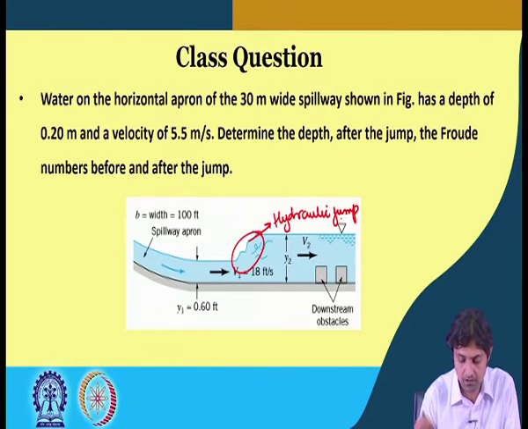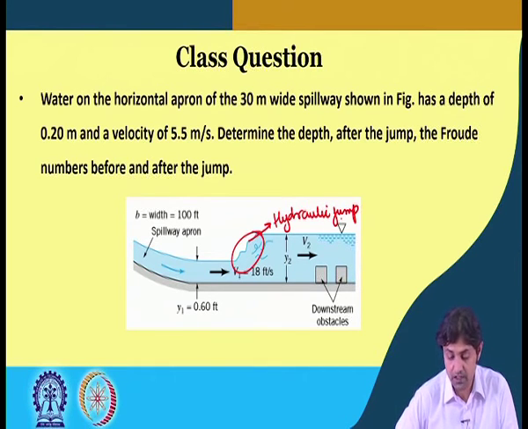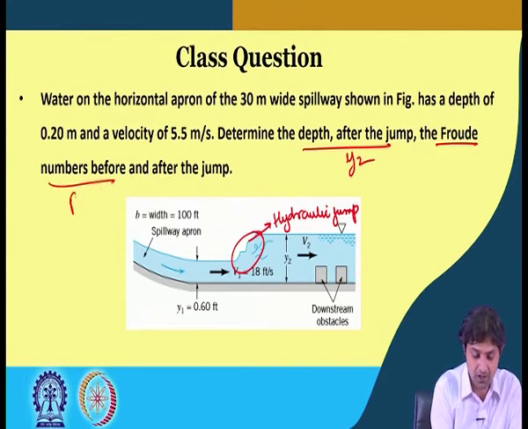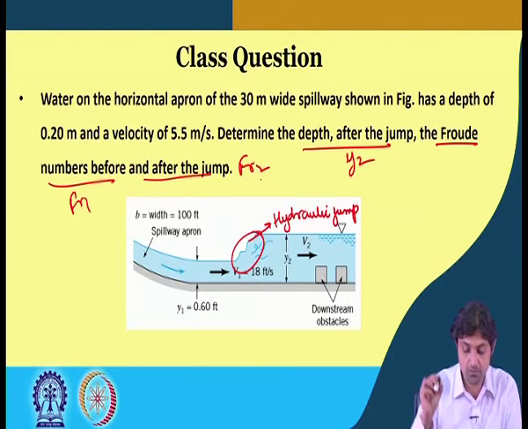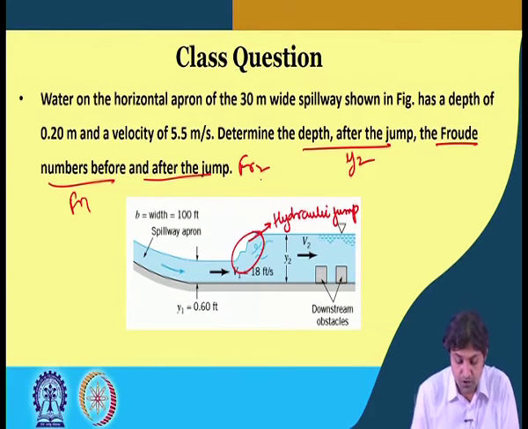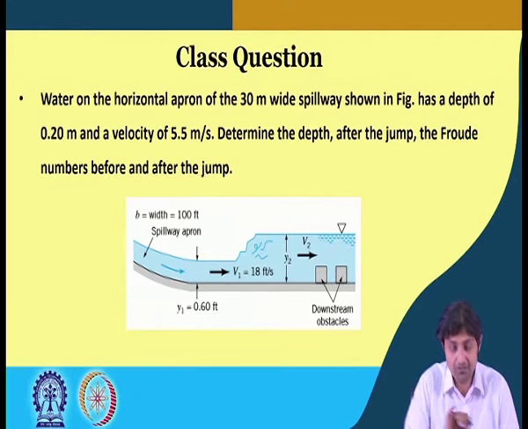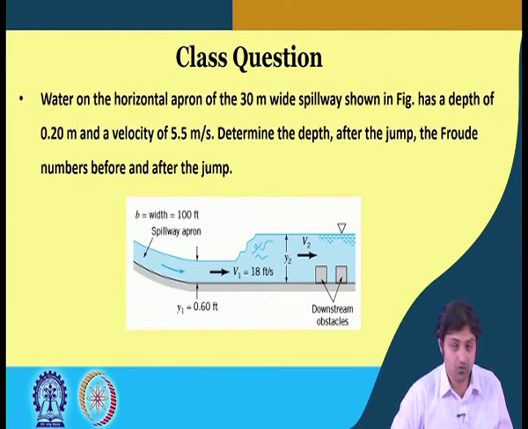And we have to calculate y2, the depth after the jump, Fr1 and after the jump Fr2, simple, right. So, we know the conditions here at number 1. It is pretty simple to calculate Froude number 1. We will go step by step, the way you should be solving.